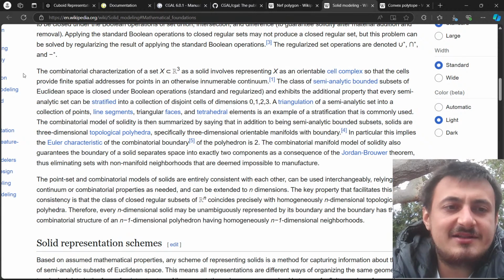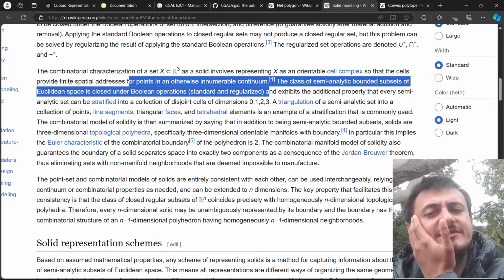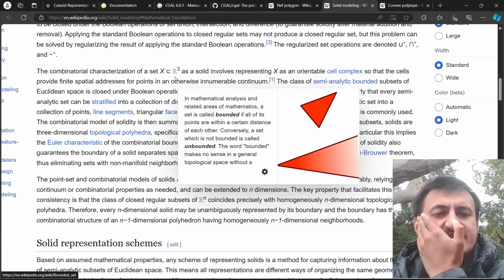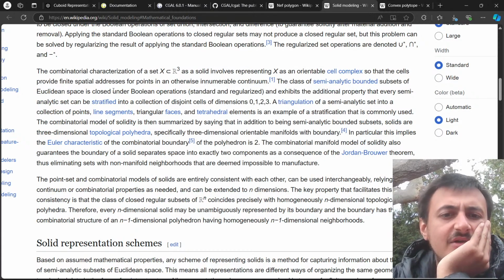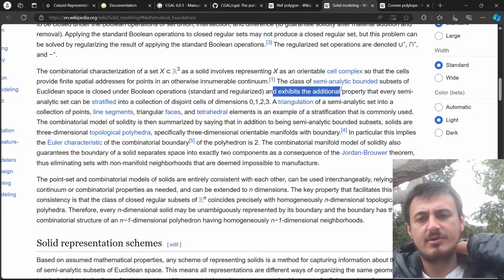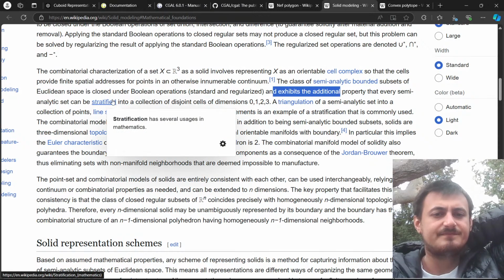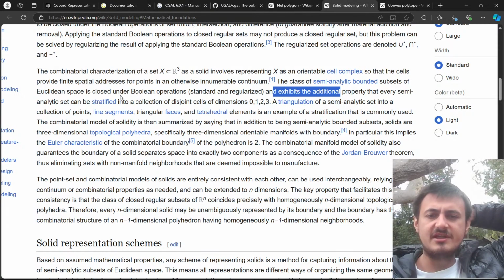So that the cells provide finite spatial addresses for points in an otherwise innumerable continuum. The class of semi-analytic bounded subsets of Euclidean space is closed under Boolean operations, standard and regularized, and exhibits the additional property that every semi-analytic set can be stratified into a collection of disjoint cells of dimensions 0, 1, 2, and 3.